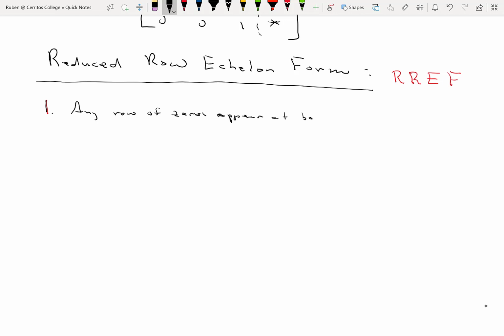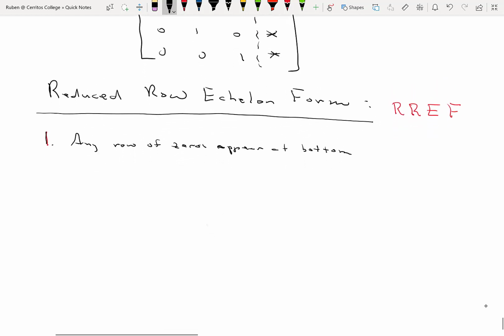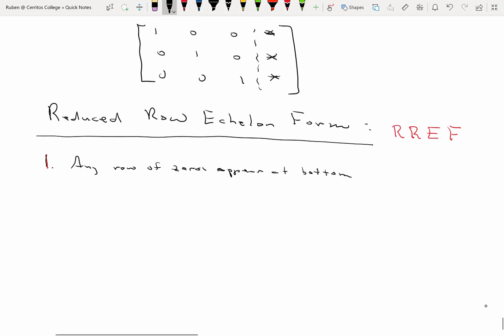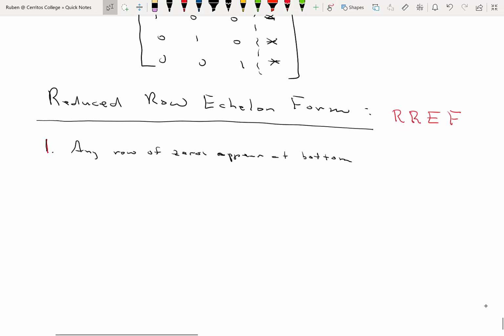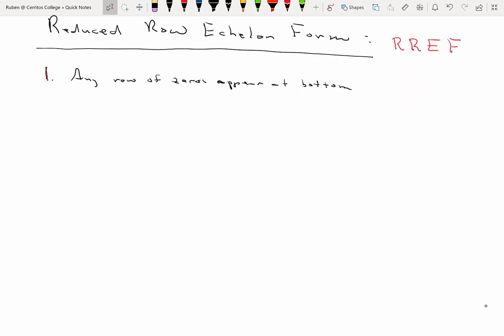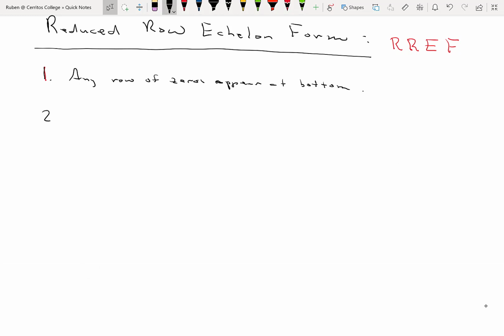So above, in that optimum case, we have no 0 rows, but we could have 0 rows if, suppose, we had 4 equations but only 3 unknowns. Obviously, we're not going to have just 3 rows, then we'll have 4 rows. So it's possible to have additional rows. So any 0 rows appear at the bottom. Okay. 2.